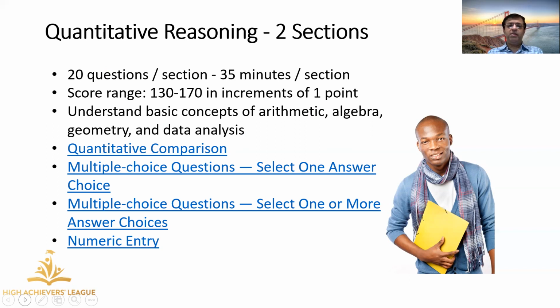So you won't be getting a score like a 132.2 or a 144.4. You will get integer marks, in increments of 1 point, and the quant reasoning score starts from 130. So this means that even if you do not score any question correctly, you will still get a 130. Okay, and the max that you can get in quant is 170.